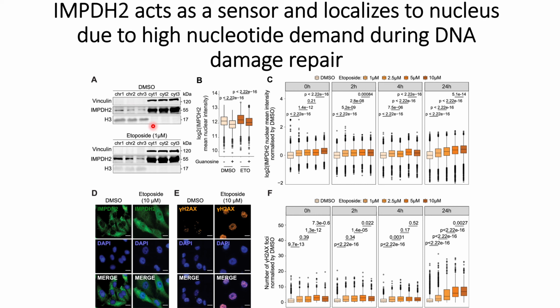And when they check the IMPDH2 signals in the cytochrome, they find that IMPDH2 signals are higher in the adipocyte treated cells compared to the DMSO treated cells.